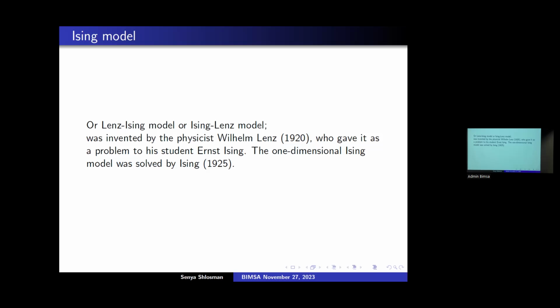Ernst Ising was a student of Professor Lenz. He solved the Ising model in the 1-dimensional case, found there is nothing special happening there. And it seems that that's his main contribution to the theory of the Ising model.